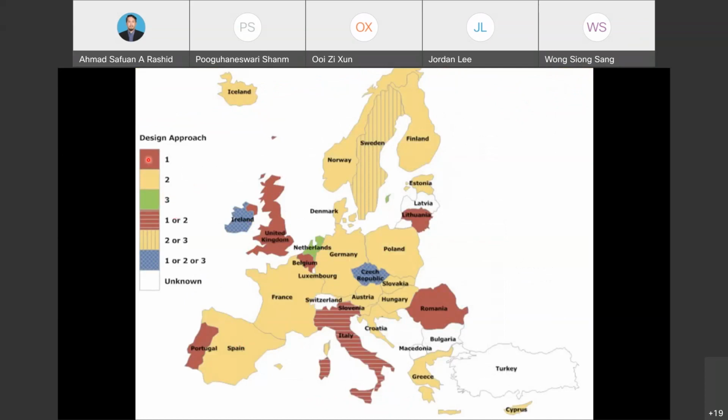Compared to other countries, some countries use design approach 2, 3, or 1, 2, or 3. I don't have the answer why we only use design approach 1. I guess the only answer is because we refer to the United Kingdom.